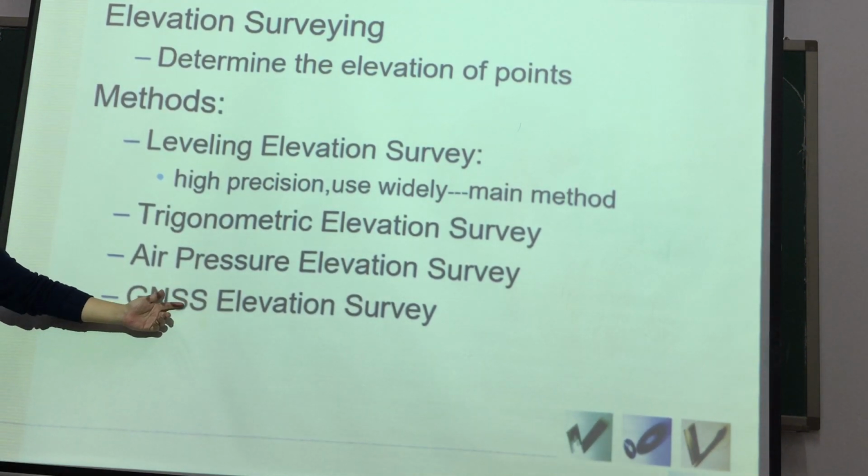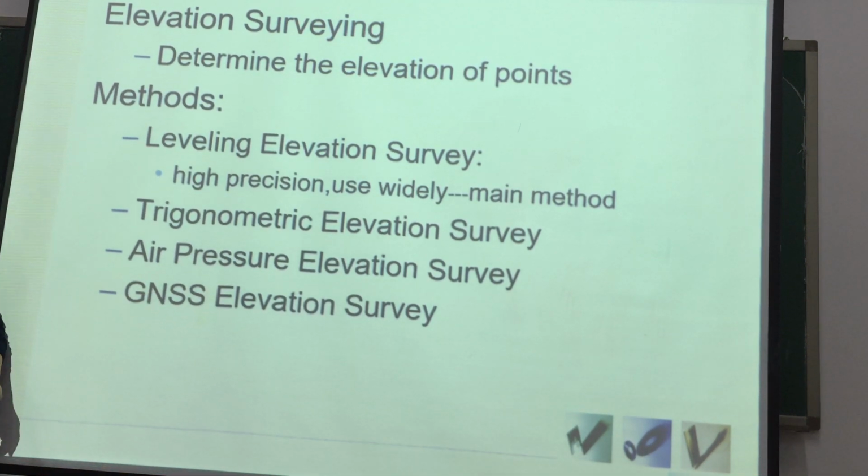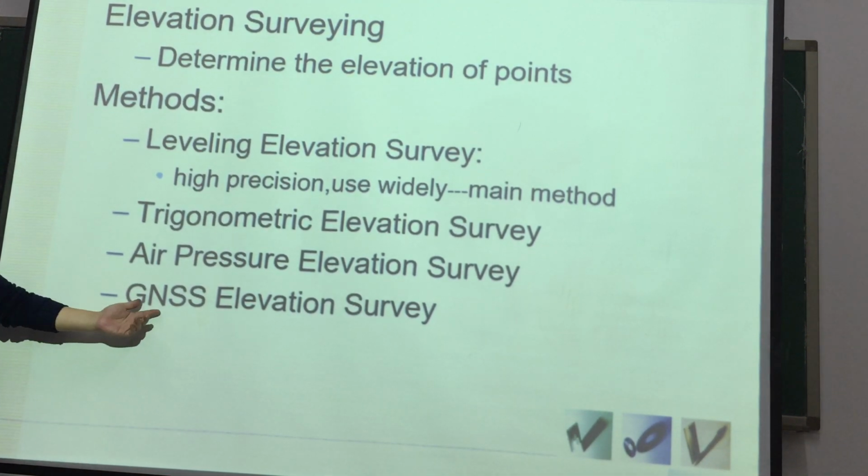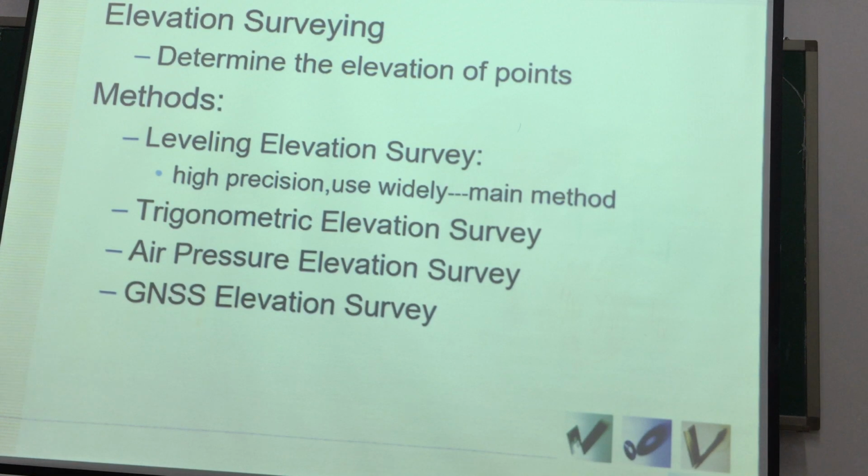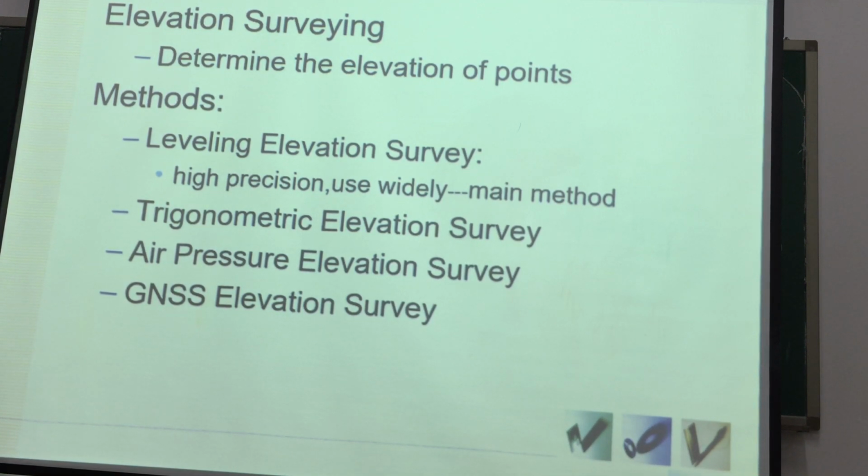What is GNSS? Maybe in different countries we call this system differently. For example, many years ago we called this GPS. I think all of you can understand GPS. What is GPS? Global Positioning System.